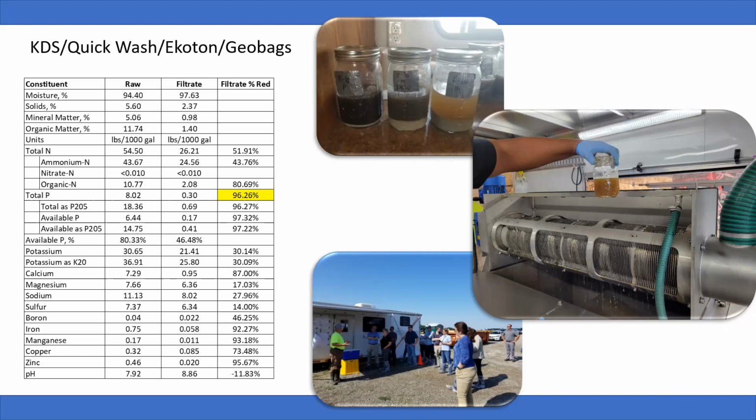The one issue that we're still working on is this: you have a pile of solids that comes off your separator in the front, and then you're putting it through quick wash, and you still have a slurry of calcium phosphate. So you have to put that through another process to get it into a solid form. We've tried things like geotube bags.